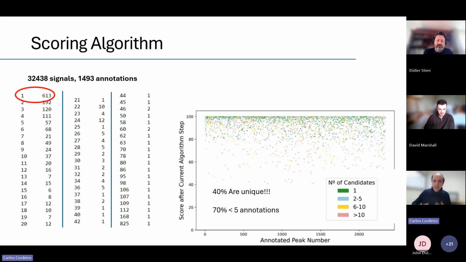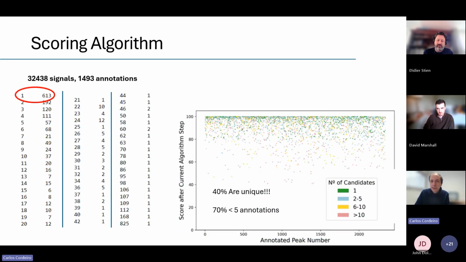So we start thinking about what we can do with this information, and we came up with an algorithm that scores and ranks our formulas according to the likelihood of that formula being a certain structure or a certain compound that we can annotate.